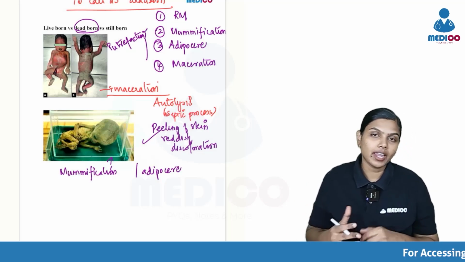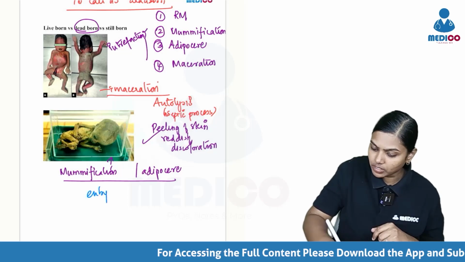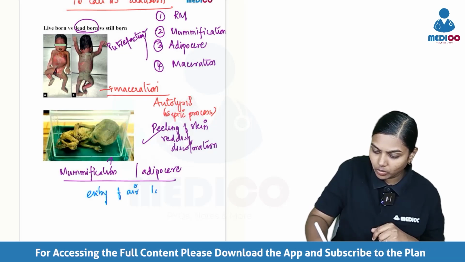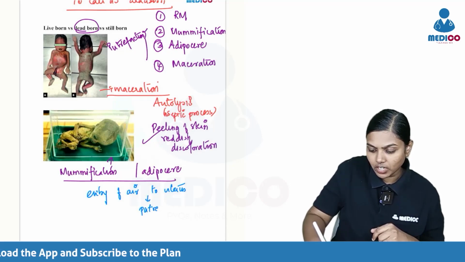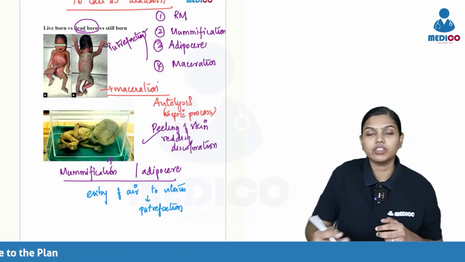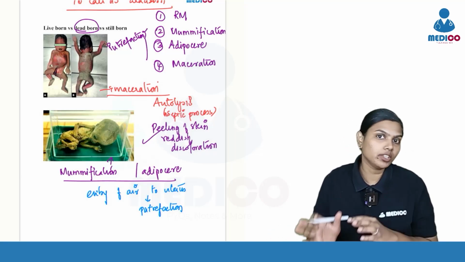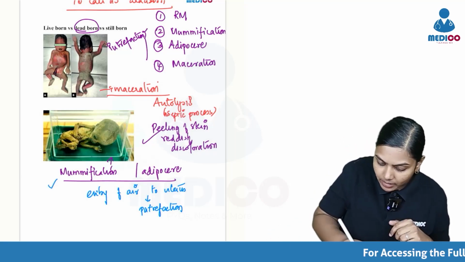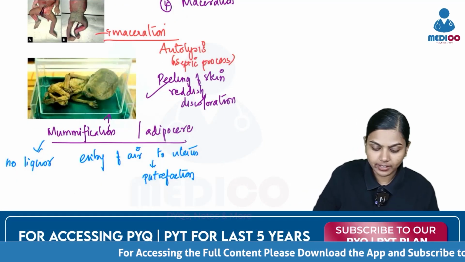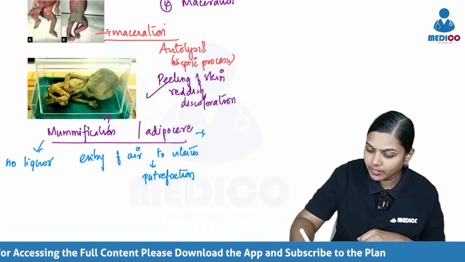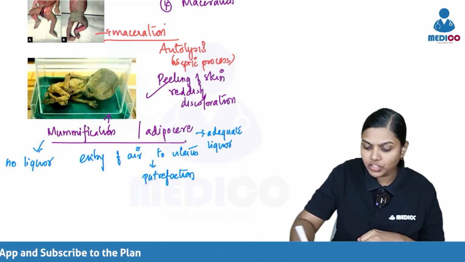When there is entry of air into the uterus, it will cause putrefactive changes, which will result in either mummification or adipocere formation, depending upon the conditions. If there is no liquor, there will be mummification, and if there is adequate liquor, there will be formation of adipocere.